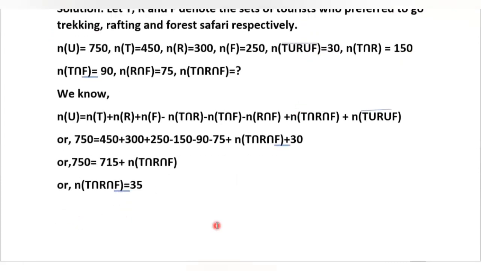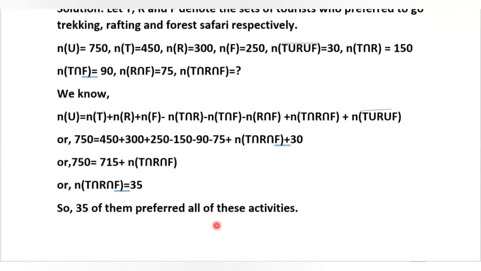Now we can write down the answer: 35 of them prefer all of these activities.